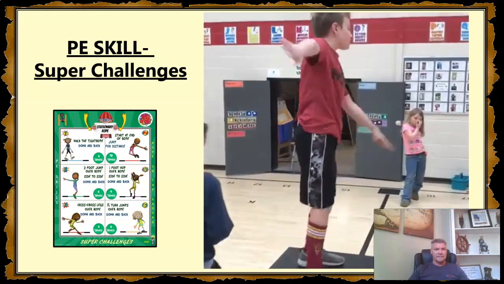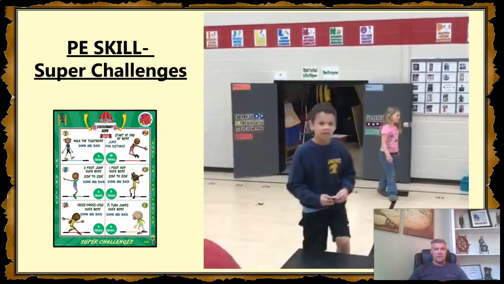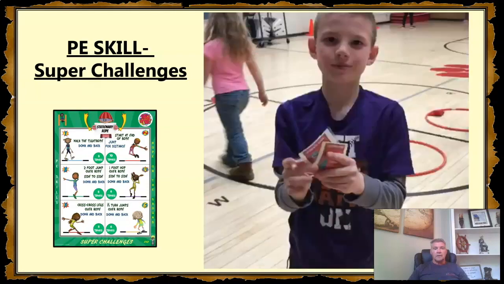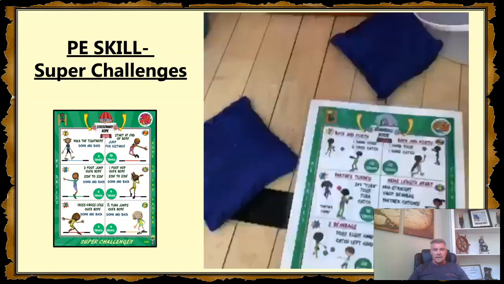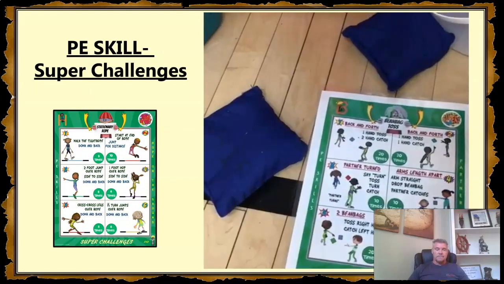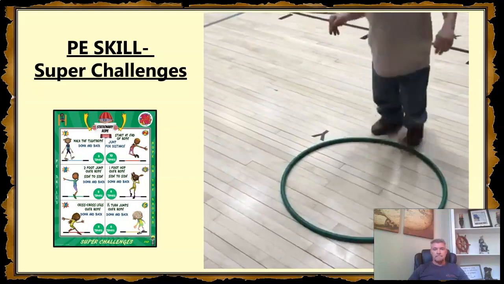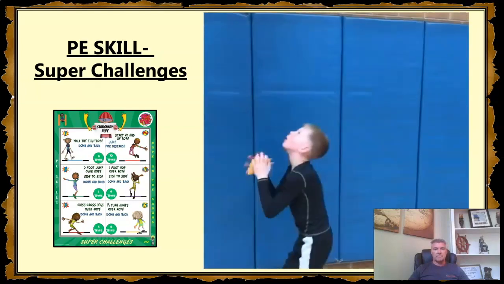Working through the 6. If they get through the whole super challenge, then they get the dab and they get a little ticket. So just another way to get them engaged.